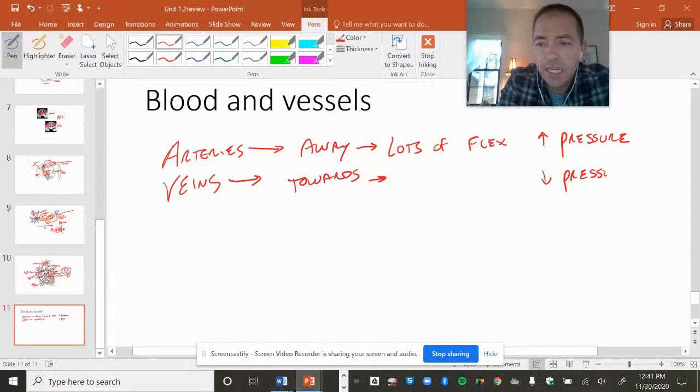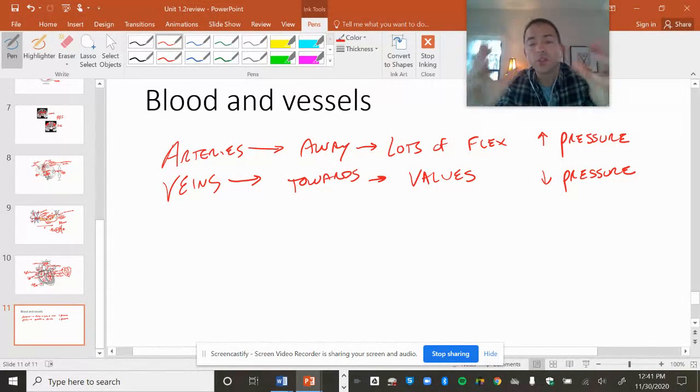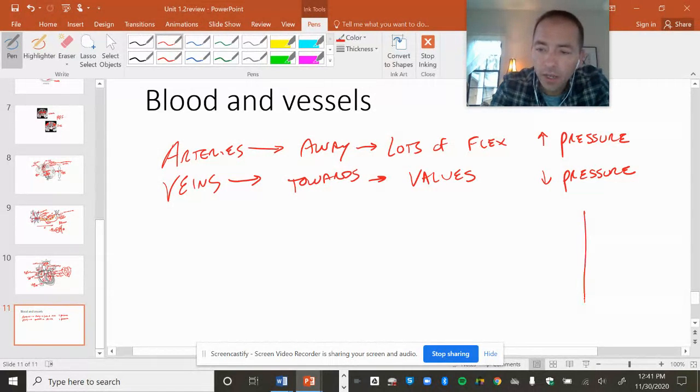So what they need are these things called valves. We talked about valves, that they're one way. So the veins get the blood back to the heart by the skeletal tissue squeezing those veins. So if we made a vein here and we put a couple one-way doors here, let's say we're just talking about your gastrocnemius, which is your calf muscle.